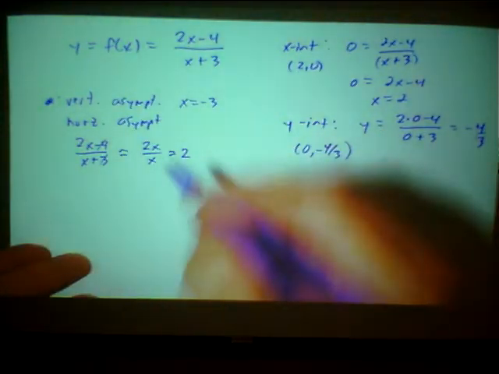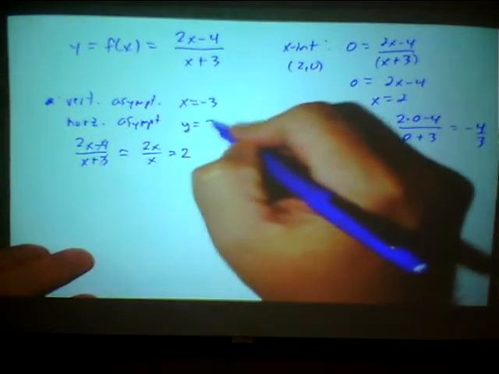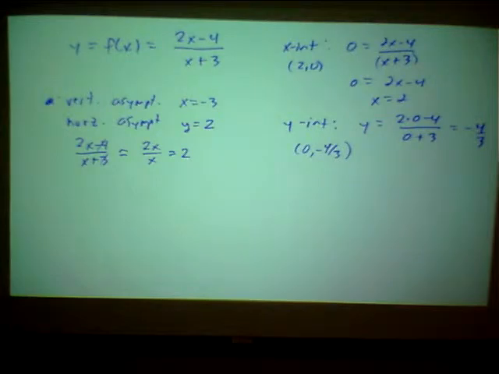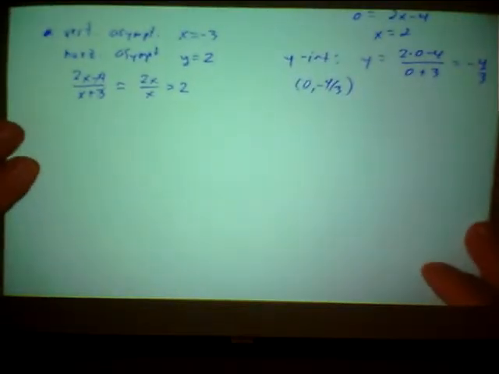So I'm going to end up with a horizontal asymptote of y equals 2. So let's take all this information and start to fill it into my graph. And then I'm going to create a sign chart, and then we can actually do the graphing.